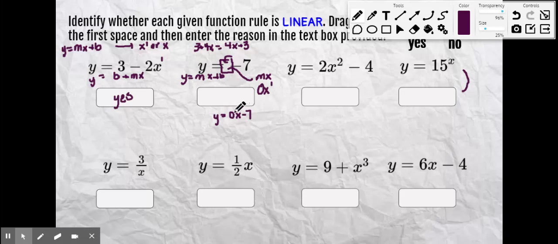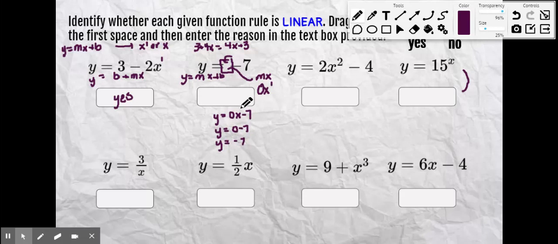Since 0 times any number is 0, we would replace this with a 0 in our first step of simplification. And then we wouldn't leave this either, because 0 minus 7 simplifies to y equals -7.